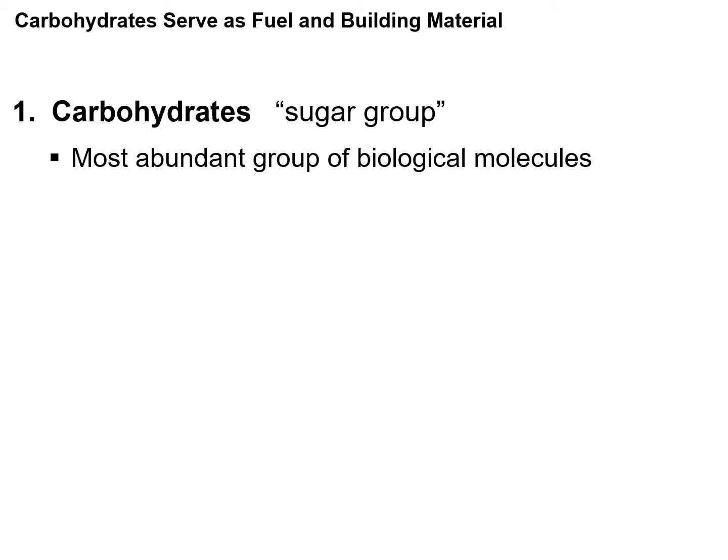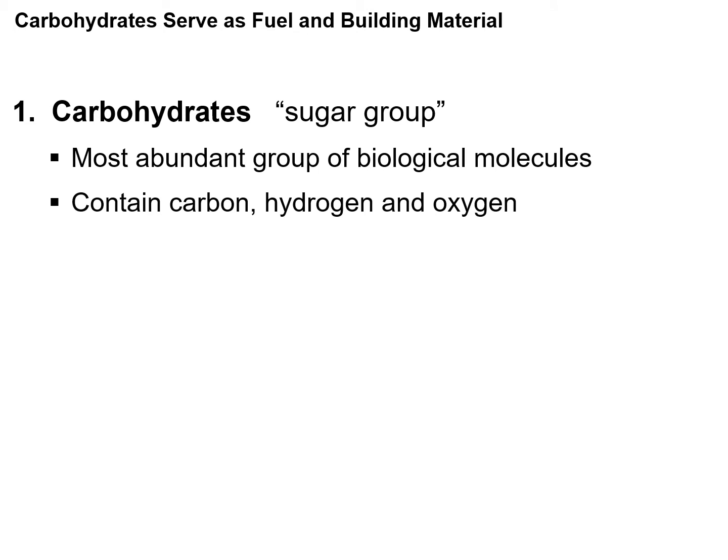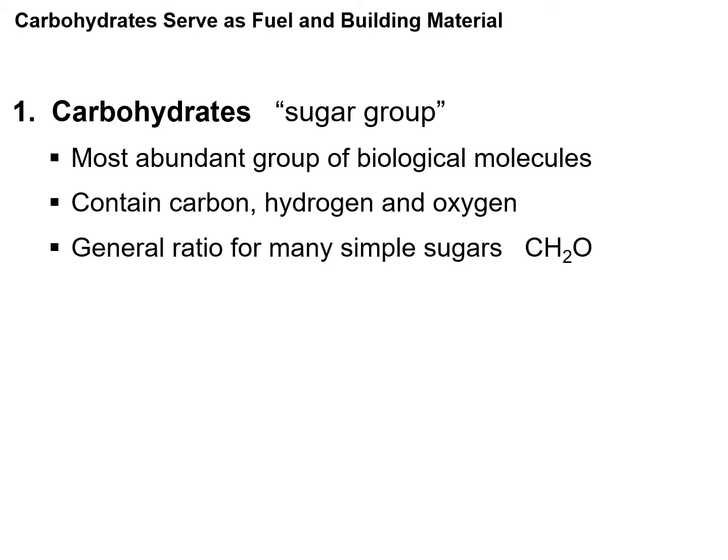What they do all have in common, though, is that all carbohydrates contain carbon, hydrogen, and oxygen, with many of the simple sugars having a general ratio of 1 carbon to 2 hydrogens to 1 oxygen, or CH2O. This ratio is a bit interesting, as it explains the word carbohydrate.